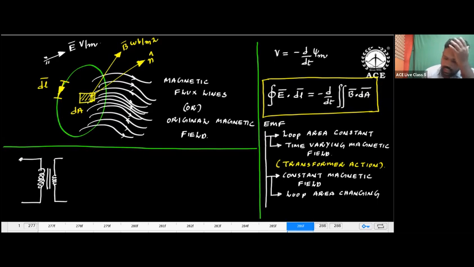This is called generator action or motor action. Both may happen.